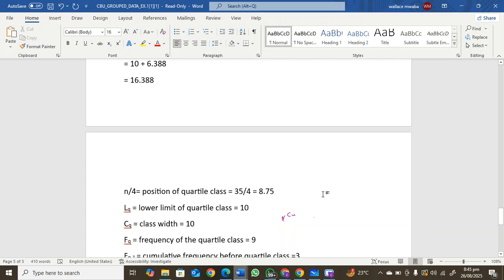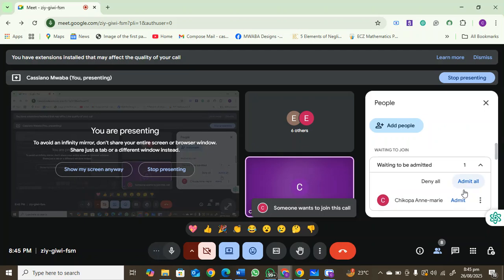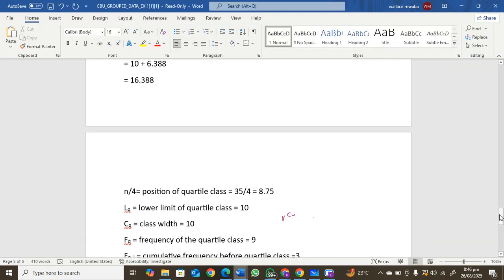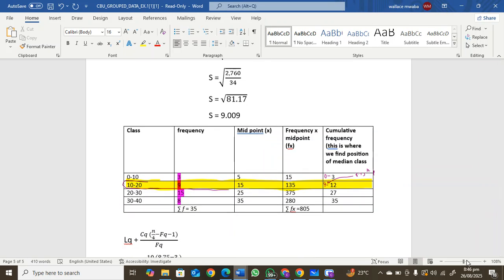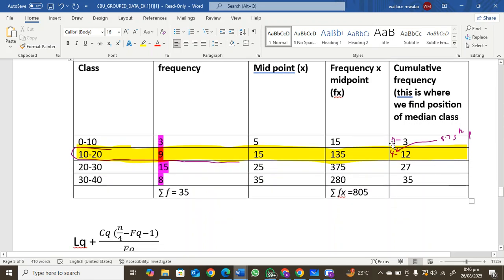Next, you go to your cumulative frequency column to see where you can find 8.75. You can't find it between 0 to 3, but you can find it between 4 to 12. So our quartile class is 10 to 20.